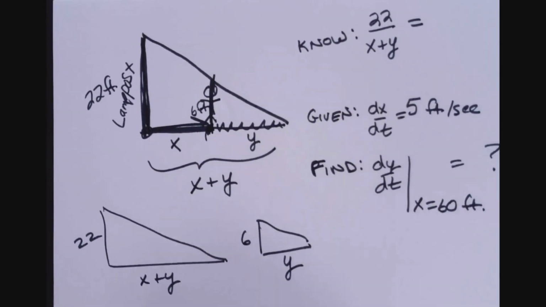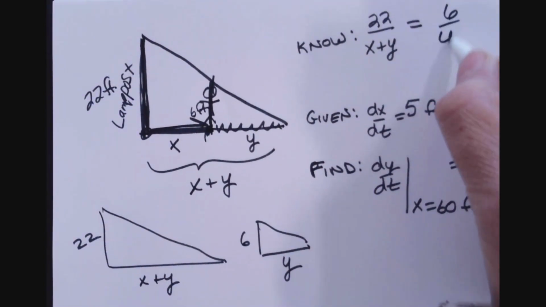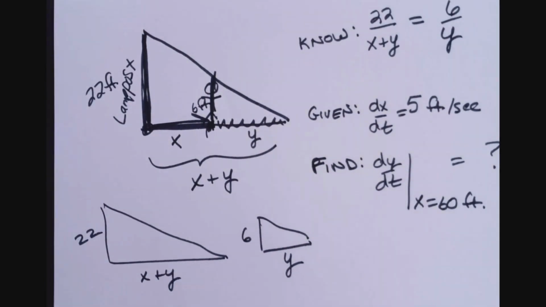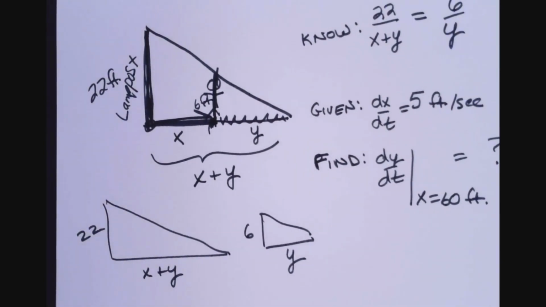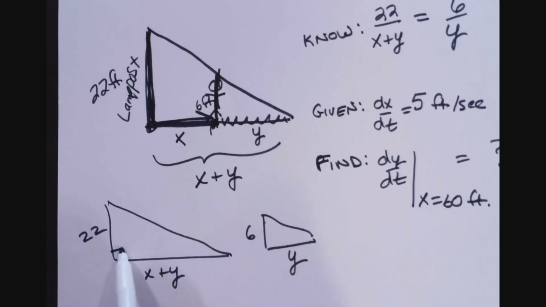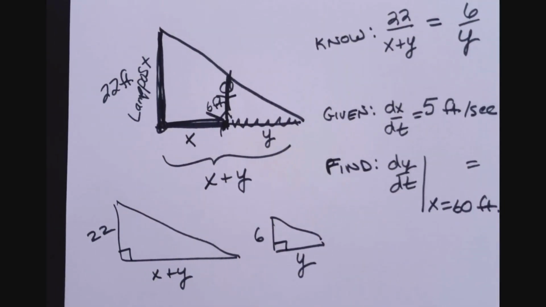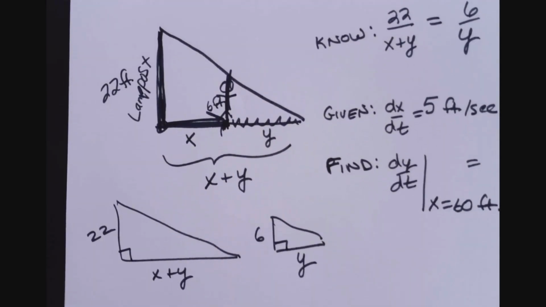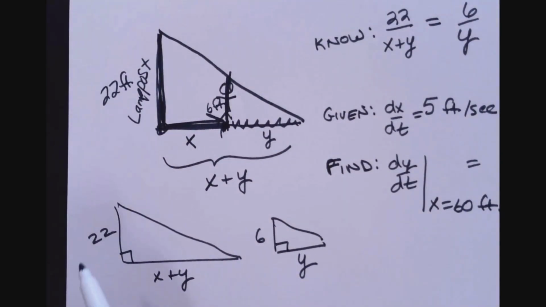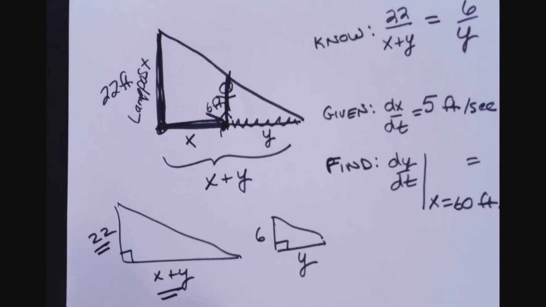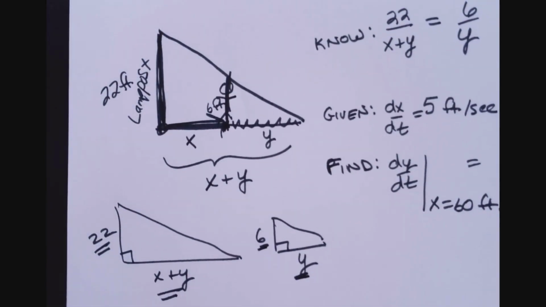Did you see where we get that? Remembering your geometry? There's the large triangle, there's the small triangle. There's different ways we could set that up, but so we just did 22 over x plus y equals 6 over y.